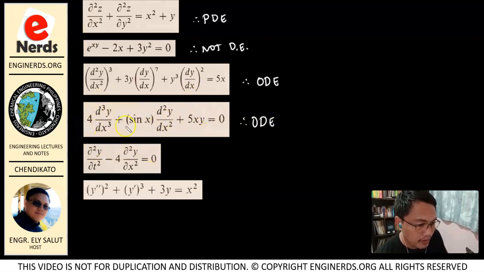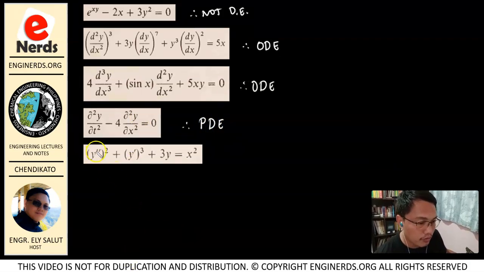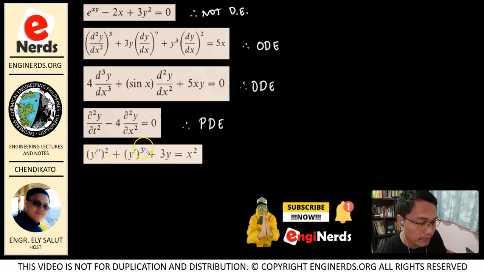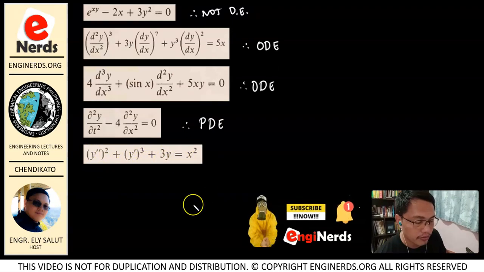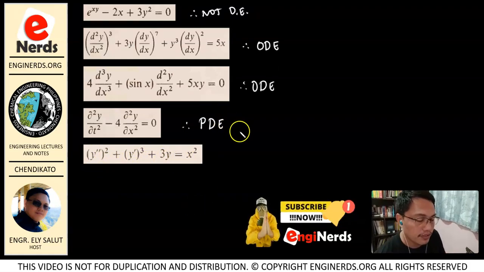Now, this one, is this an ordinary differential equation or a partial differential equation? We saw right away the notation, right? We have partial derivatives, and our function here is dependent on two independent variables, which are t and x. So, this is a partial differential equation. And last one, we have y'' squared plus y' cubed plus 3y is equal to x squared. Is this an ordinary differential equation or partial differential equation?